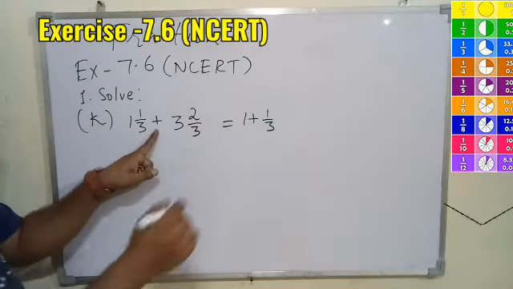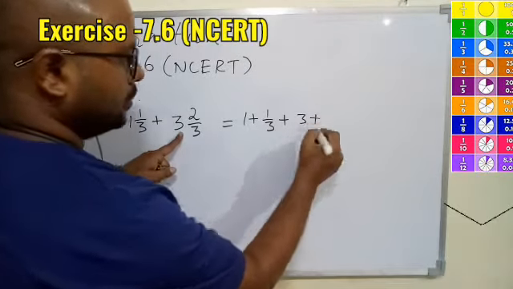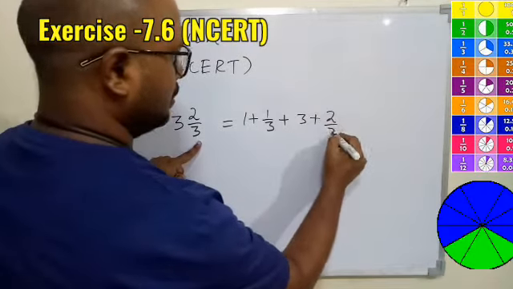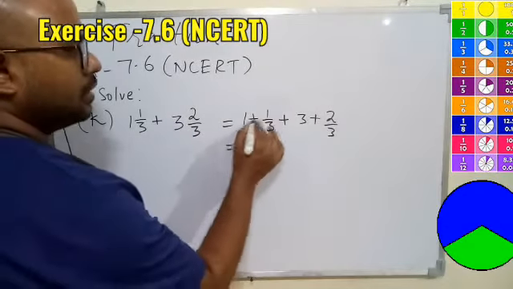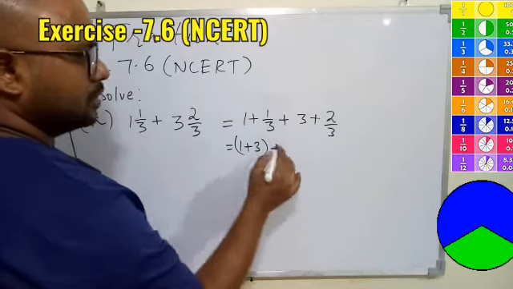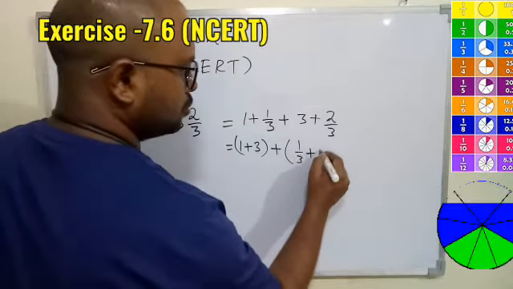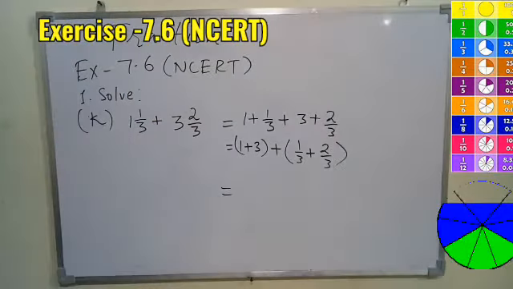This is separated. Plus is here. Now again separate this 3 plus 2 upon 3. So this is the first step we have for the mixed fraction. Now 1 and 3 can be added directly. So write down one side in a bracket and then plus 1 upon 3 plus 2 upon 3. So this will be done in a very simple method now.